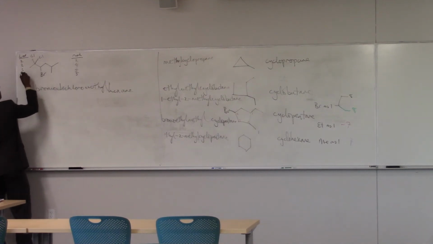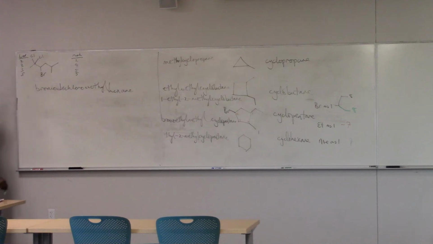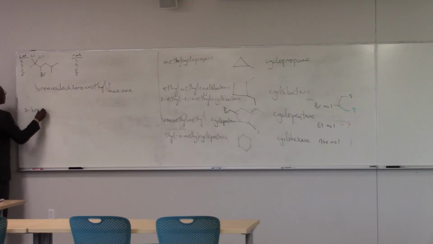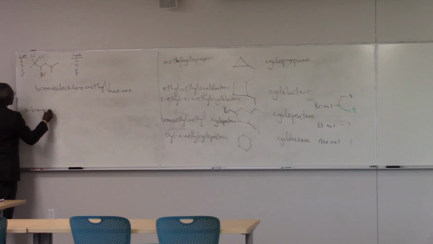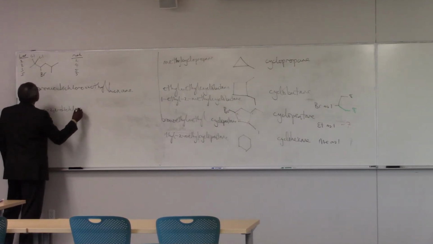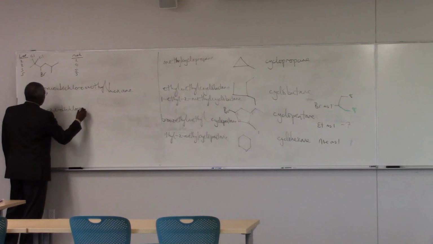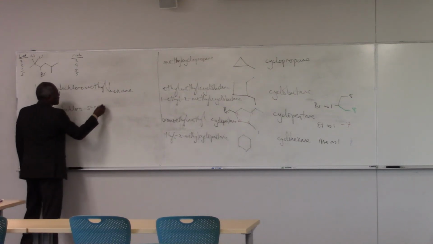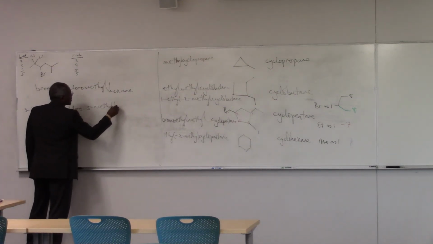That's 10, 16. This is 12. So this is going to be 3 bromo, 2, 2 dichloro, 5 methyl hexane.